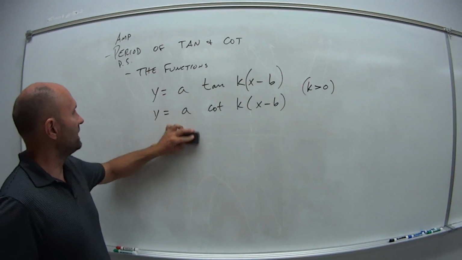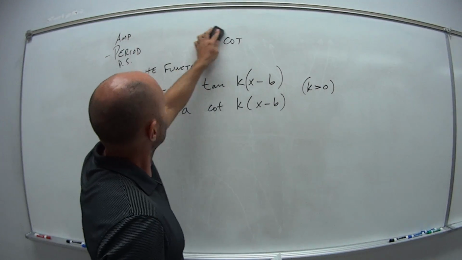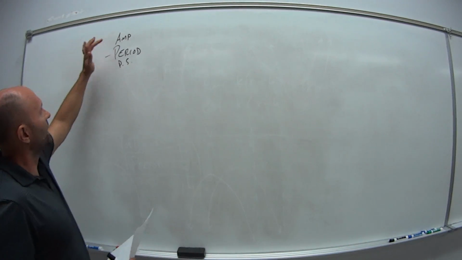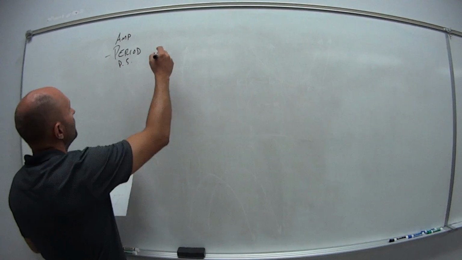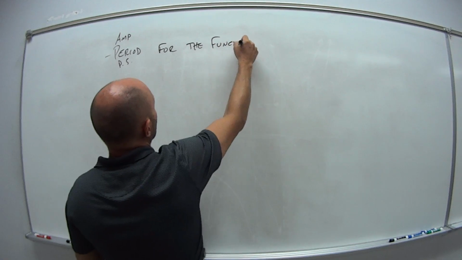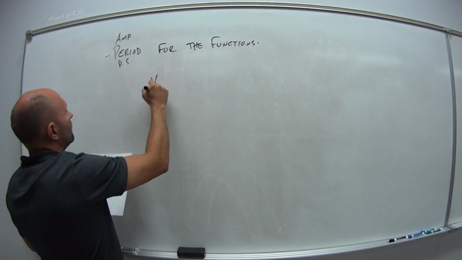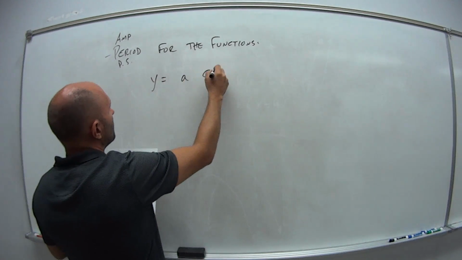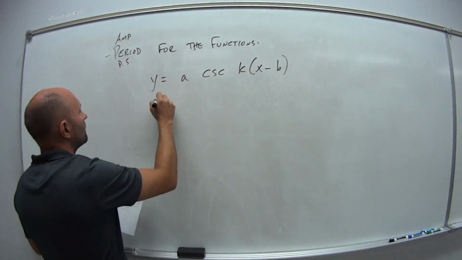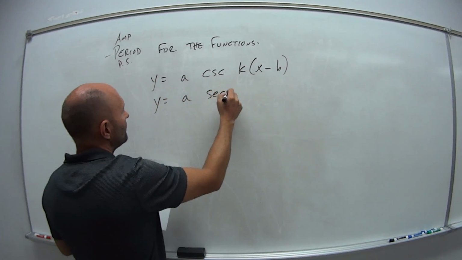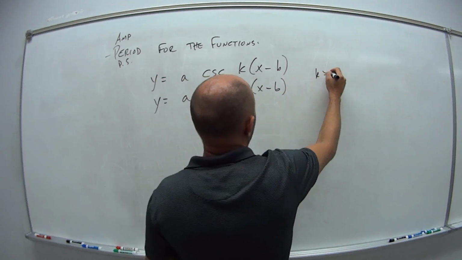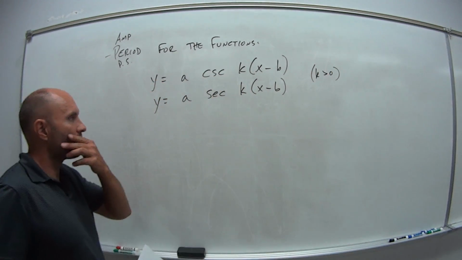Let's look at secant and cosecant. So again, if we deal with amplitude, period, phase shift for the functions y is equal to a cosecant of k times x minus b, or y is a secant of kx minus b, and as all the other ones, k has to be greater than 0.